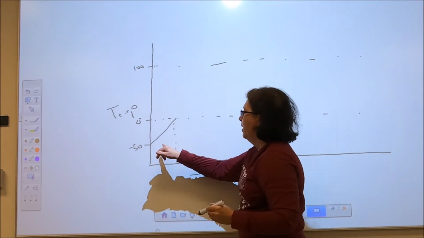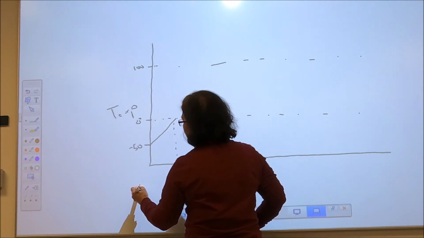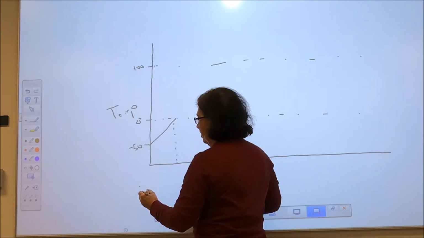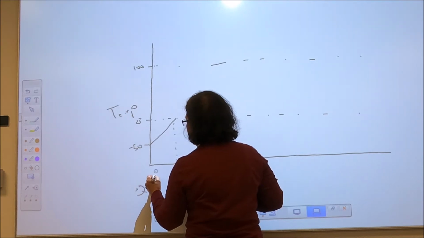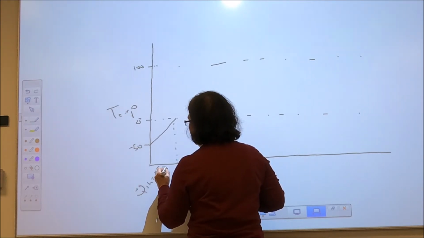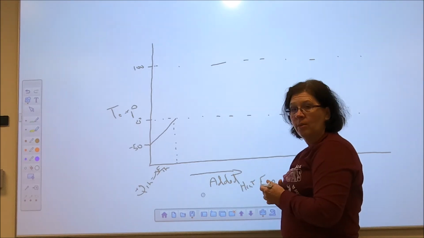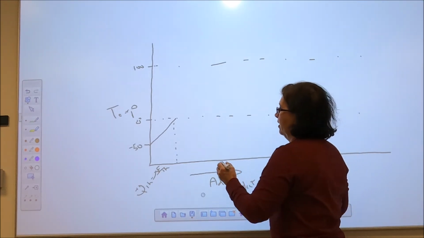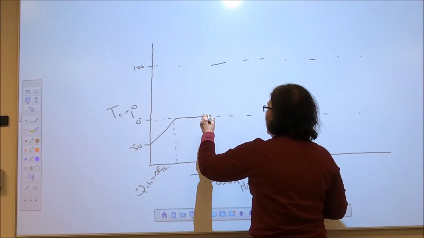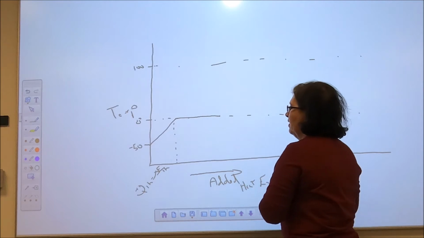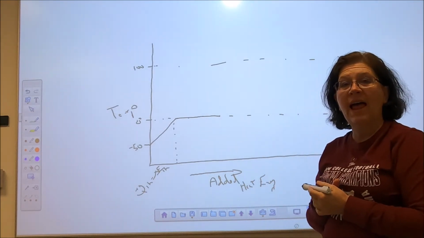Now, in this region, because the temperature is increasing, I know that I have a change in thermal energy. So Qn equals a change in thermal energy. The thermal energy of the system was increasing. But something interesting happens at 0 degrees C. At 0 degrees C, even as I'm adding energy in, I'll notice that the line flattens out.